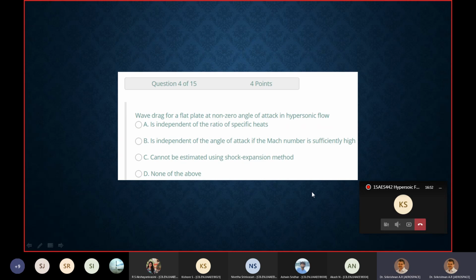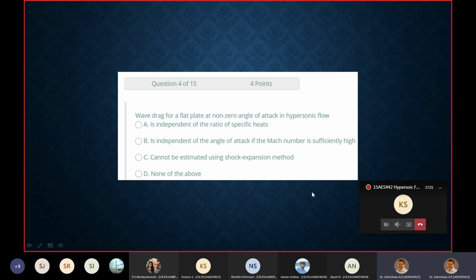For a flat plate at non-zero angle of attack in hypersonic flow, "is independent of the ratio of specific heats" is ruled out, because all those calculations for pressure and change in pressure, whether it is expansion or compression, invariably have gamma. So nothing is independent of the ratio of specific heats. "Is independent of the angle of attack if the Mach number is sufficiently high."